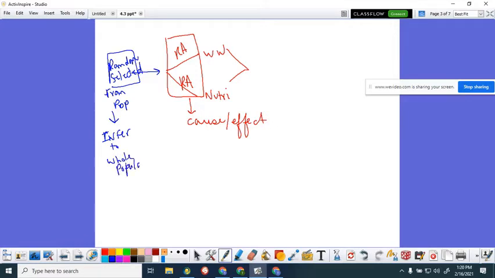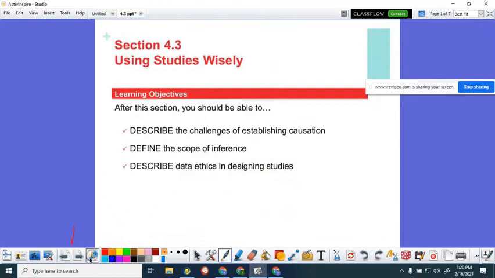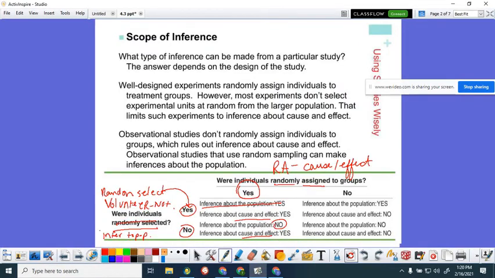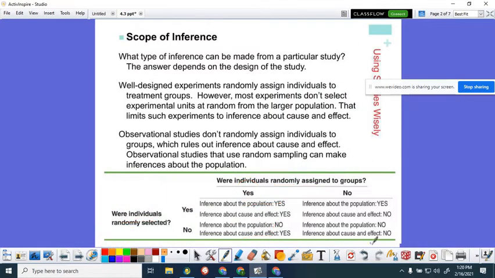So they're two different things. This and this are two different things. So if they were randomly selected, yes, then you can infer out to the population. If they were randomly allocated to their groups, yes, then you can say cause and effect.